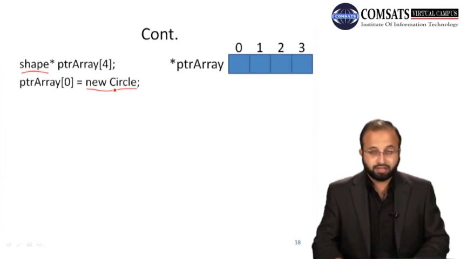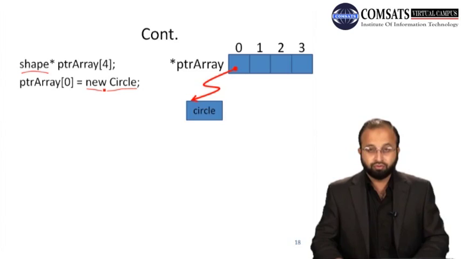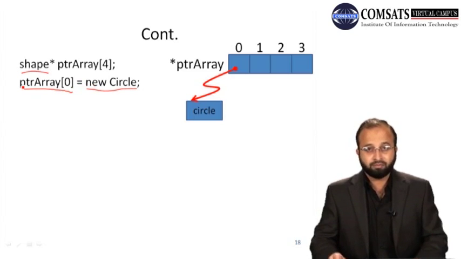So when this statement is executed, memory will be allocated for the ptr array. So indexes हैं उसके. So हर index पे हमारे पास memory address होगा, और उस memory address पे we have an object of a shape class. Now remember that shape is a base class for triangle, circle and square class. ठीक है, जो derived classes हैं उसकी एक base class है ये.